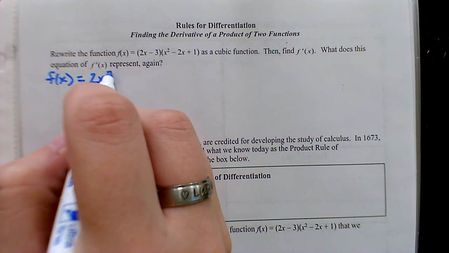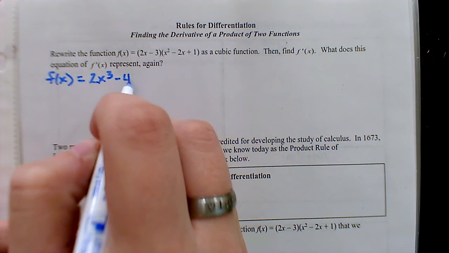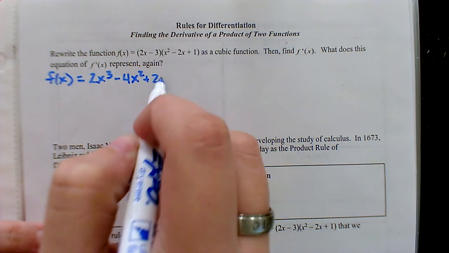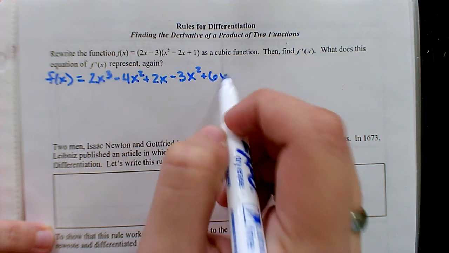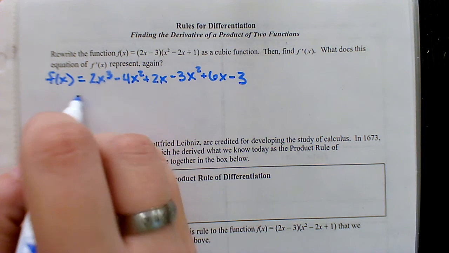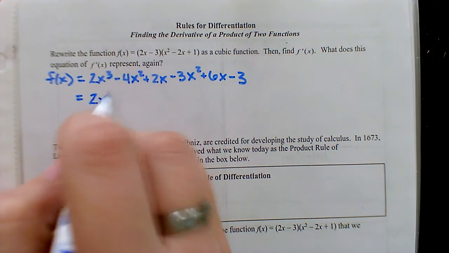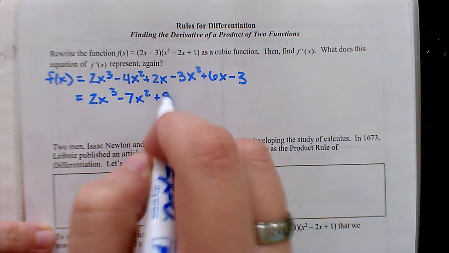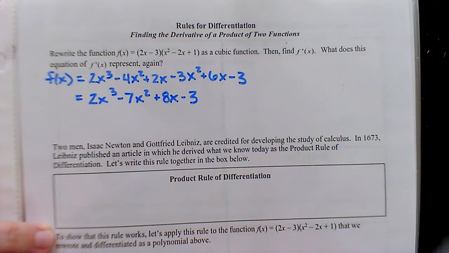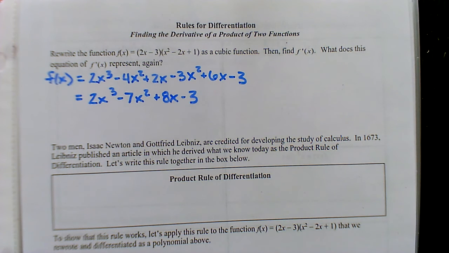I know we all distribute differently, but we should all get the same terms in the end. All right, can we get that cubic?